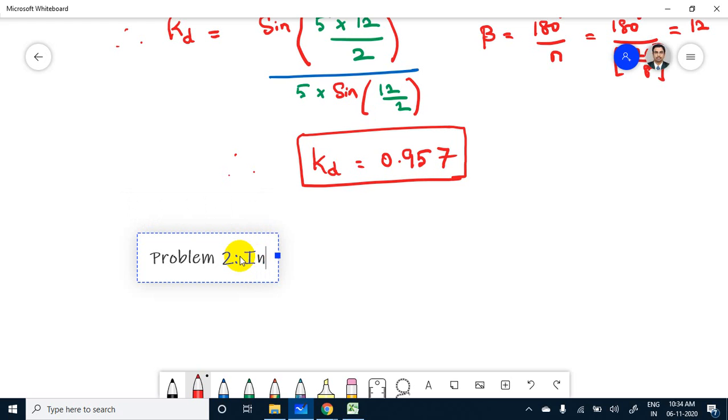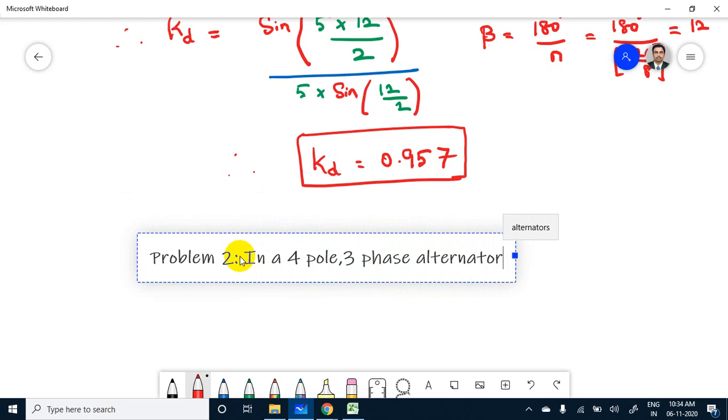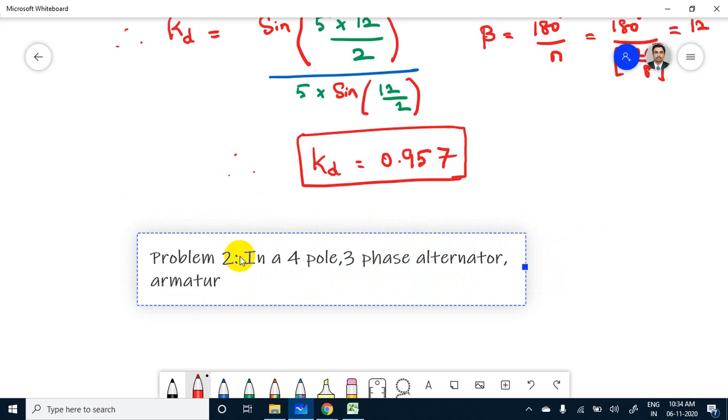Problem 2. In a 4-pole, 3-phase alternator, the armature has 36 slots.